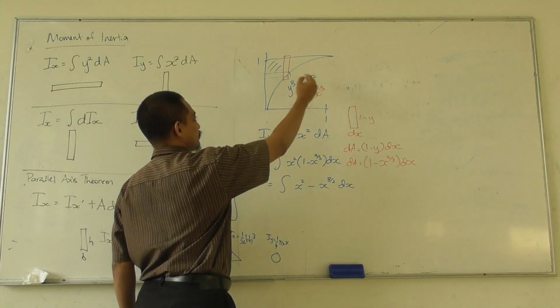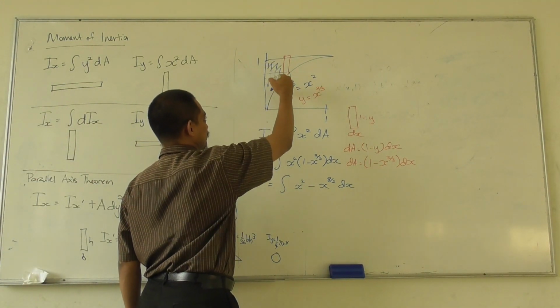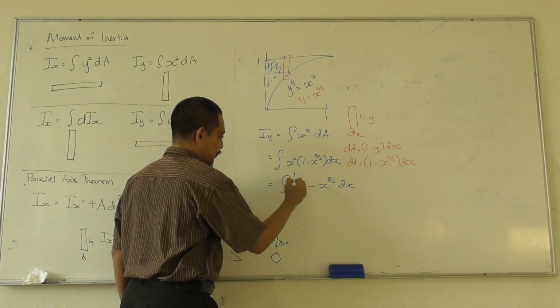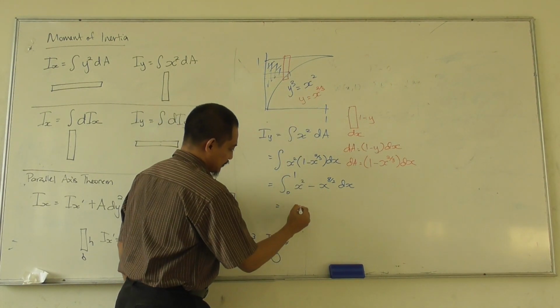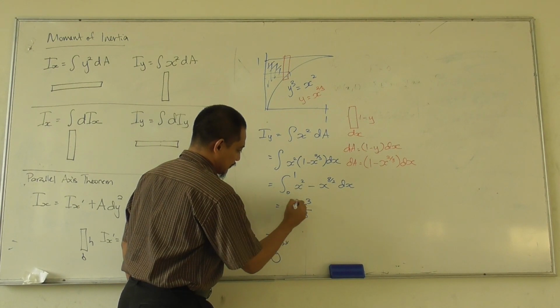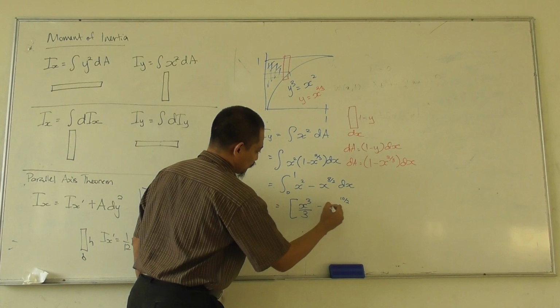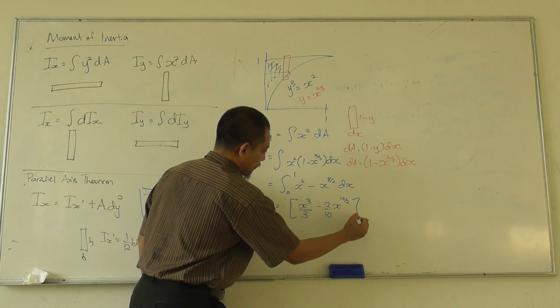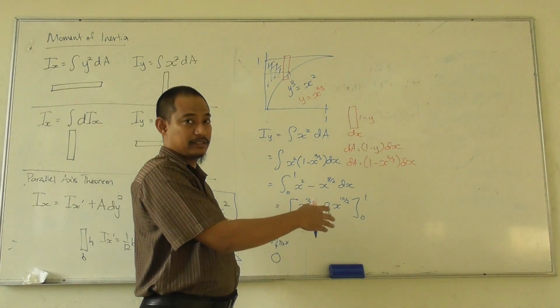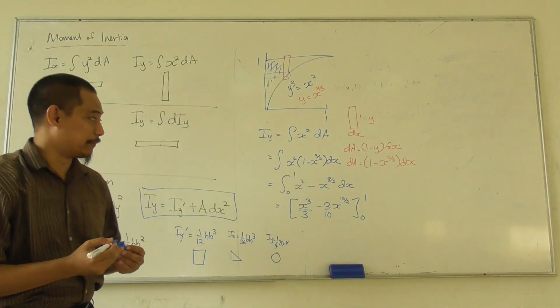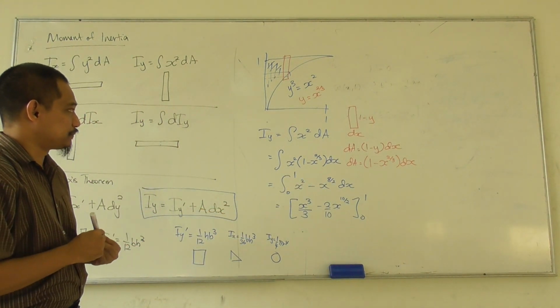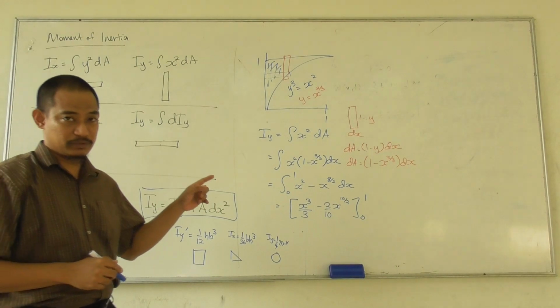In this case, you chop it like this, so it's from 0 to 1. When you integrate, it's simply x cubed over 3 minus x^(11/3) over 11/3, from 0 to 1, and then you can plug in and solve. That's one way to do it.